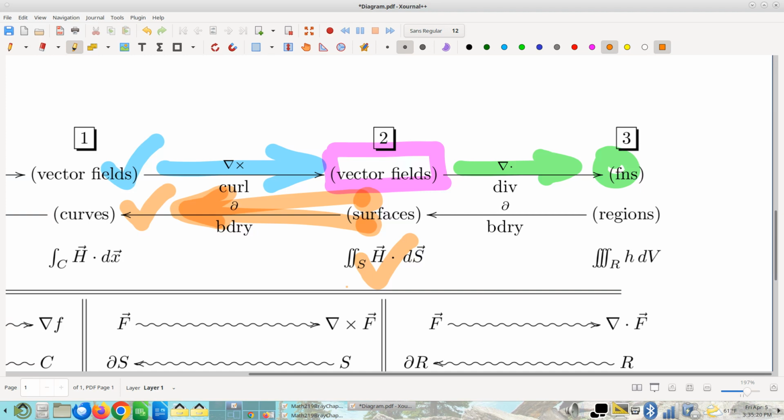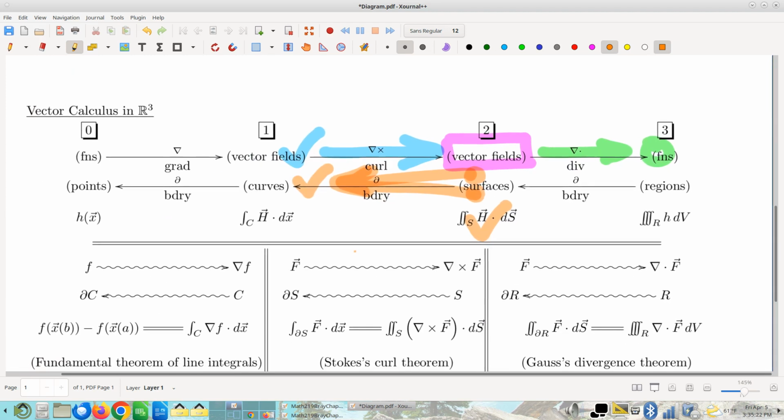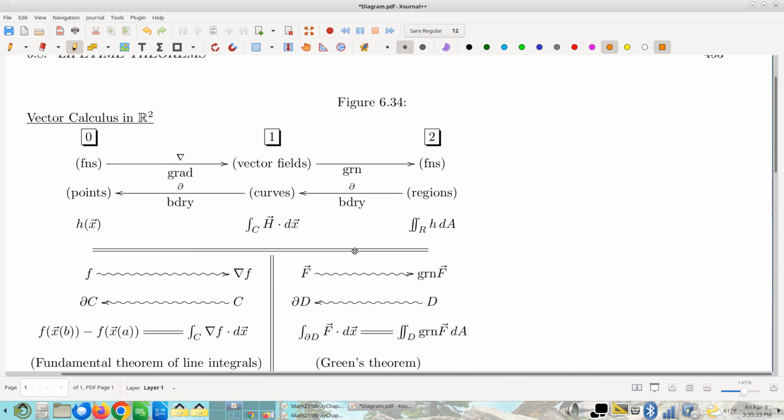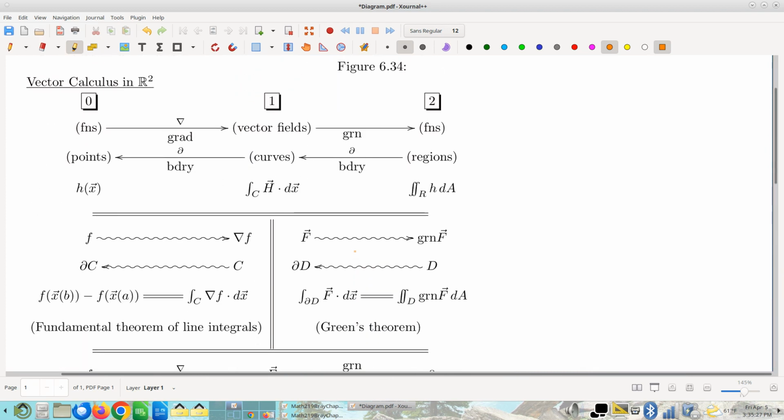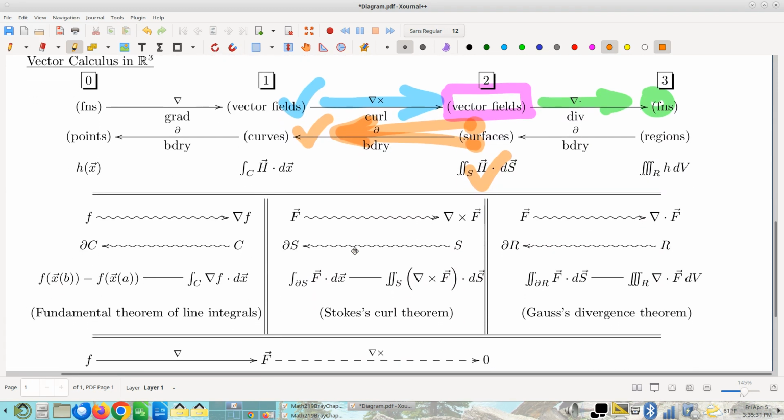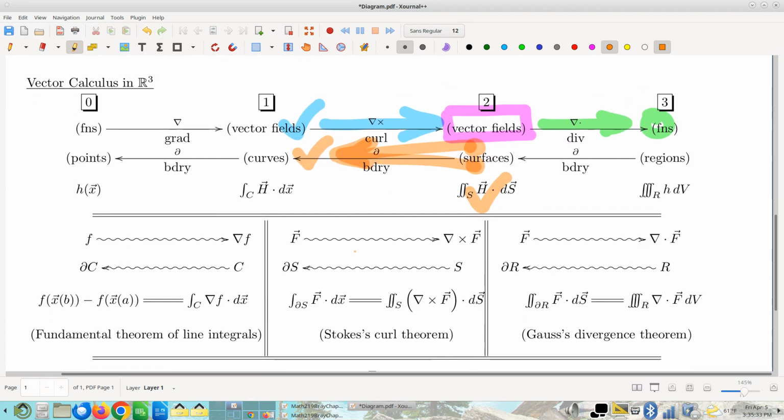So I am a huge fan of these diagrams. Again, this is our R2 diagram for the ideas that we've been working on so far. And coming up real soon, next week, we will be developing ideas on this R3 diagram. I think you are extremely well advised to always keep these diagrams in mind.